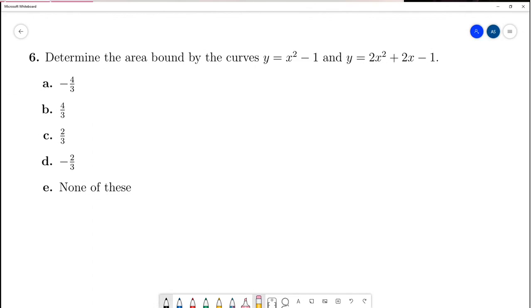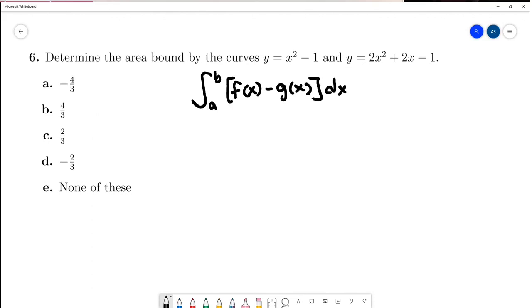So to find the area between two curves, we're going to use this format. We need to find the integral from a to b of f of x minus g of x dx.